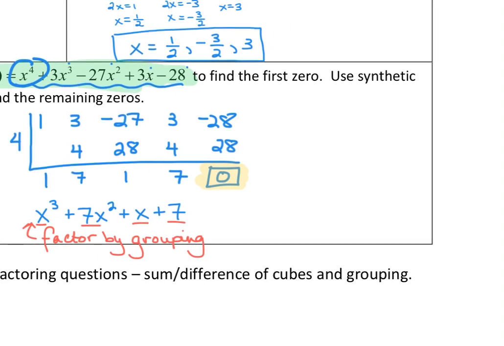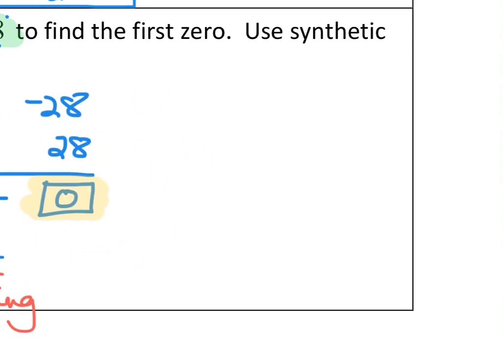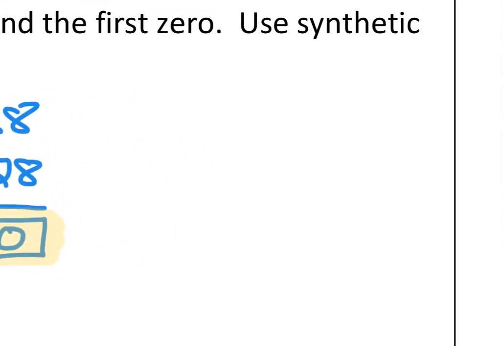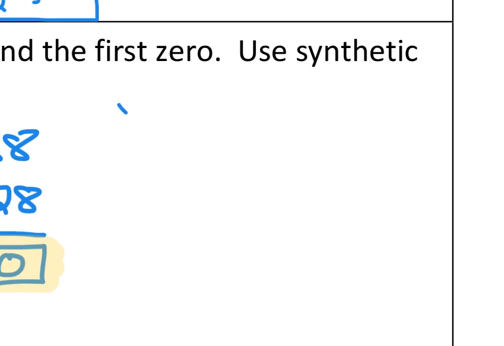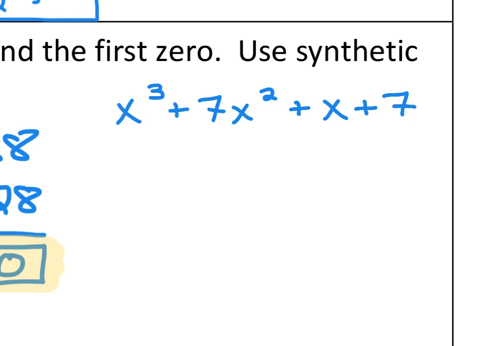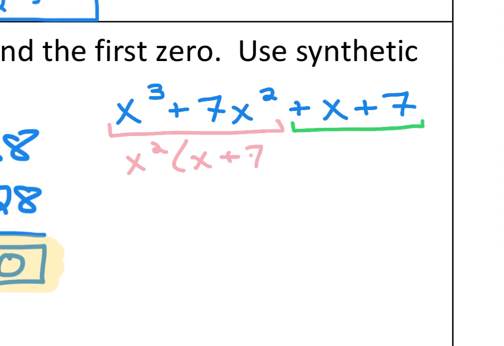So I'm going to take that expression, let me rewrite it here for you, x cubed plus 7x squared plus x plus 7. And when I'm grouping, I do 2 terms at a time. So I'm going to look at these and find a GCF, and I'm going to look at these and find a GCF. So the GCF here is x squared, and then I have x plus 7.